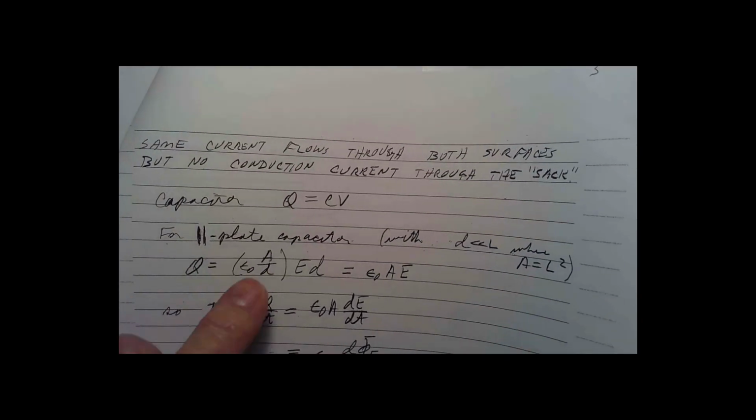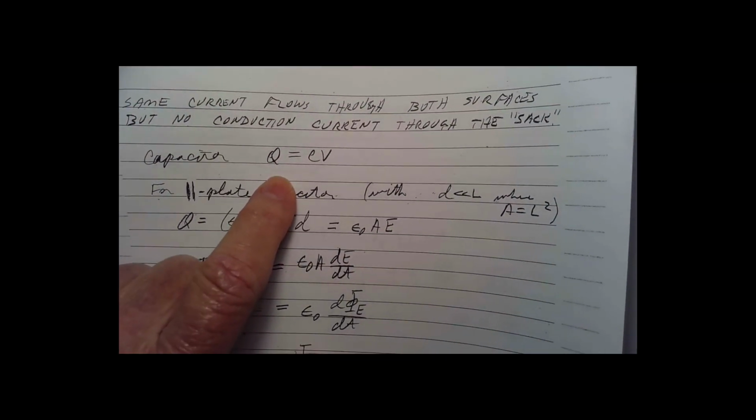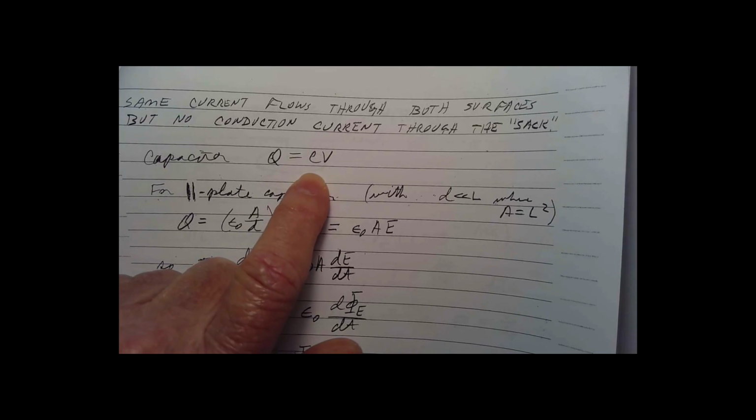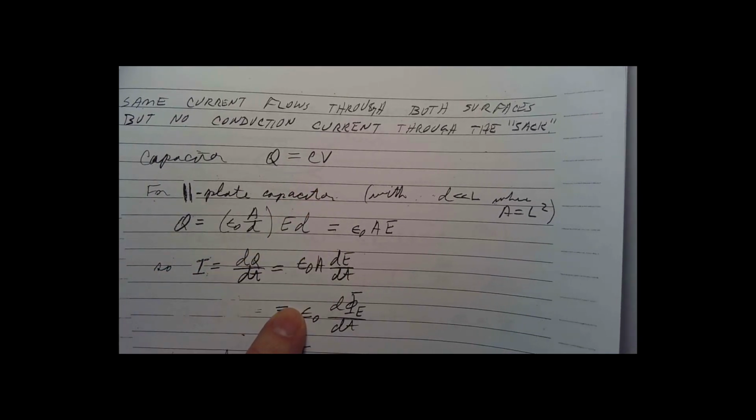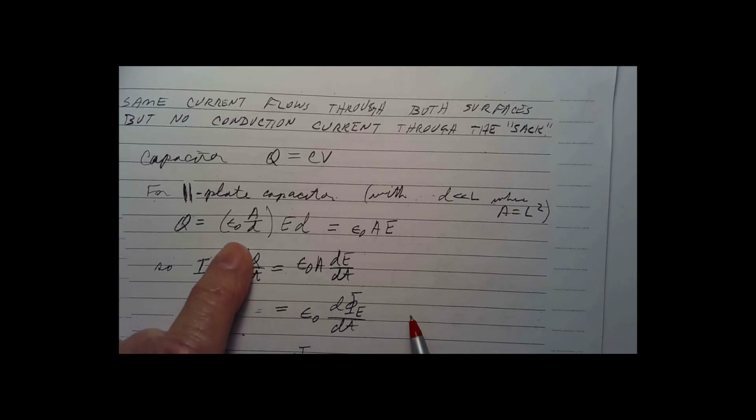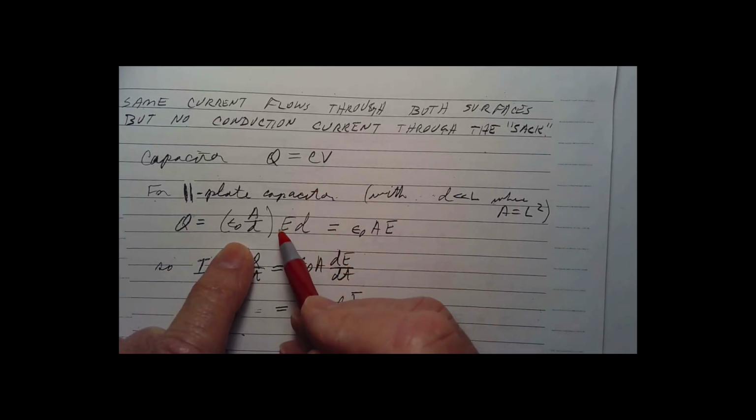So here's the argument, and it's kind of straightforward, that those two parallel plates are a capacitor. The charge is the capacitance times the voltage. Now you've got to remember a whole bunch of things from earlier in the course. Remember what we saw for a parallel plate capacitor.